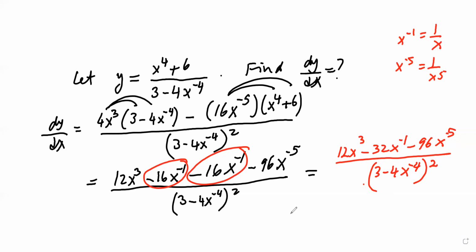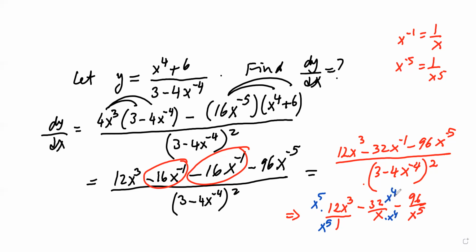That could be another way, an equivalent expression that we can find. So 32 over x, and this is 96 over x to the 5. And then the common denominator here will be x to the 5. So I will have to multiply this by x to the 5, top and bottom, and this one I will have to do x to the 4, top and bottom.